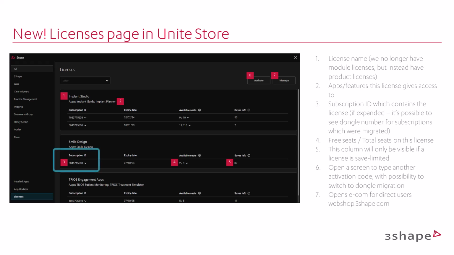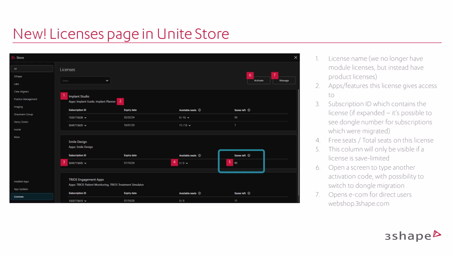Subscription ID. Each license is associated with a subscription ID which can be expanded to view the corresponding dongle. Seats. The total number of seats on the license versus the number of seats allocated for that specific license. Saves. This column indicates the number of saved licenses available.